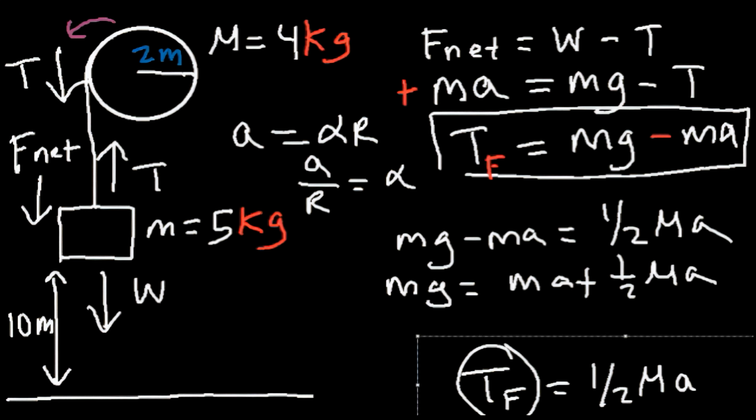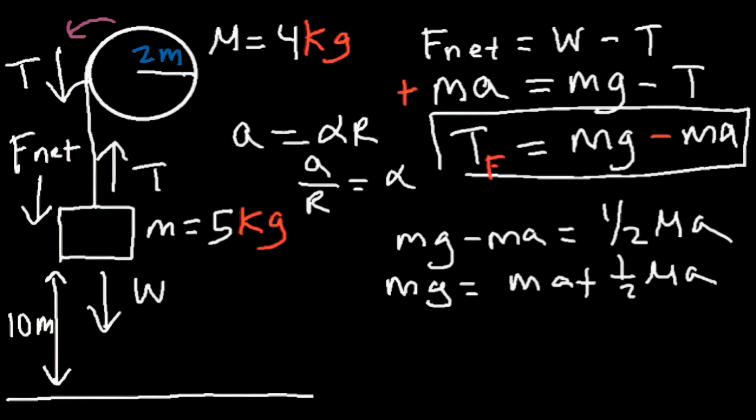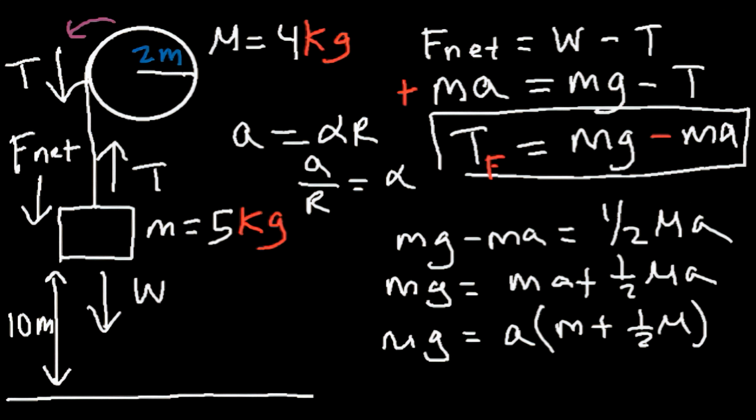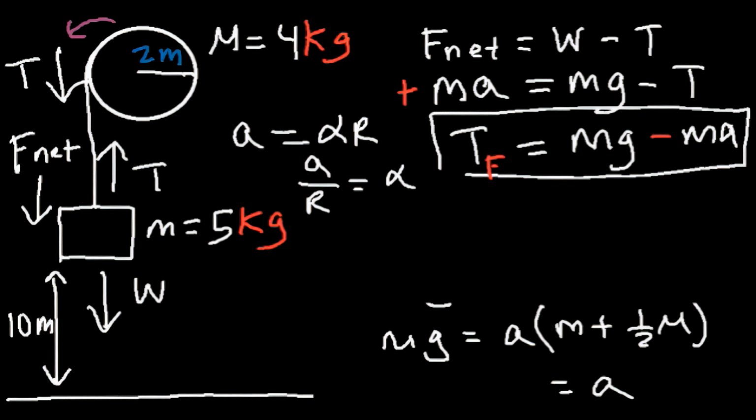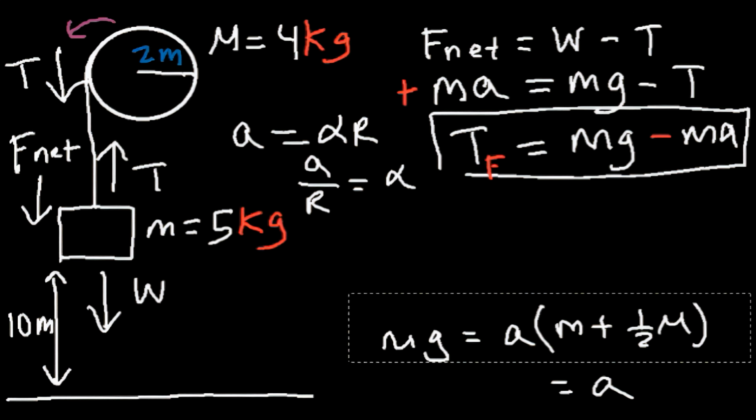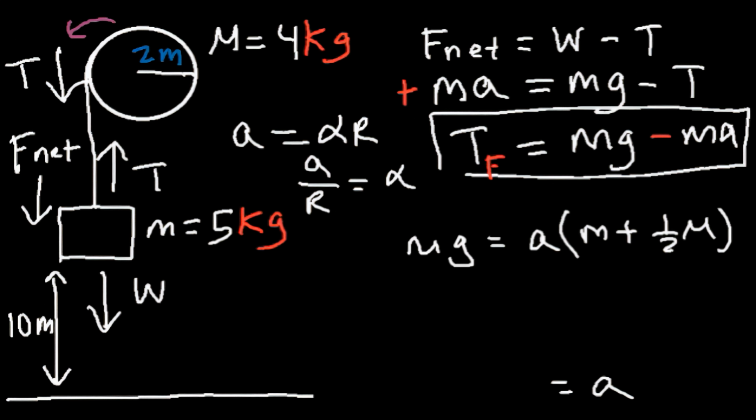And let's take out the GCF, which is a. So if we factor it out, it's going to be a times m plus 1/2 m. Dividing both sides by that term, we can see that the acceleration is going to be mg divided by m plus 1/2 m.